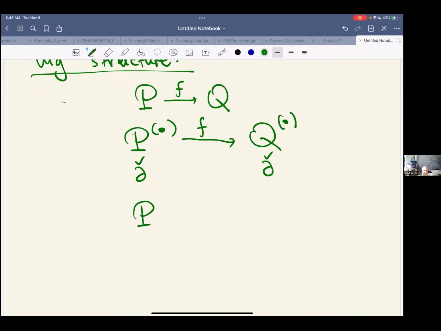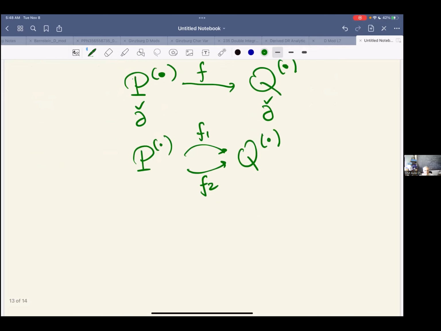Now, why is it independent on, well, why is crystalline cohomology well defined?